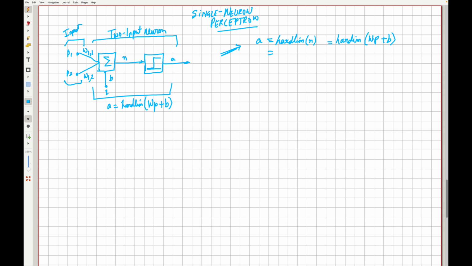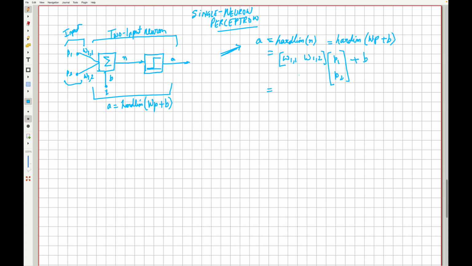The w in this case are these two values. So we can think of w as this vector. Let's say w 1 comma 1, w 1 comma 2, and then we have our p, which is p1, p2, and then we have the b, which is just the one neuron, so just one bias.